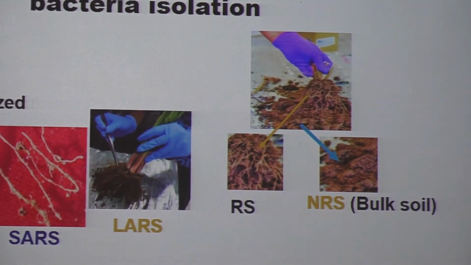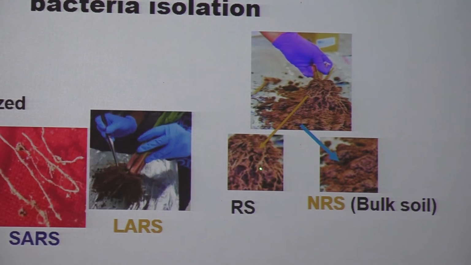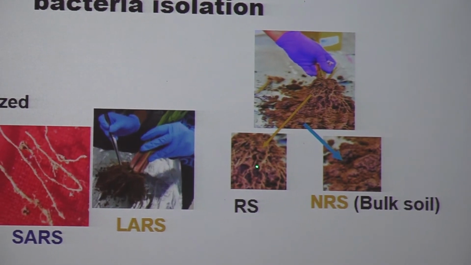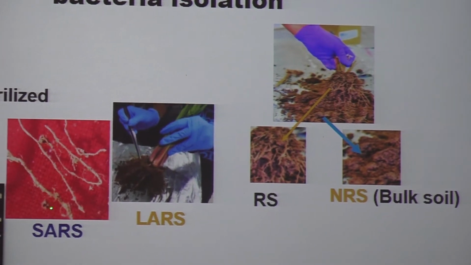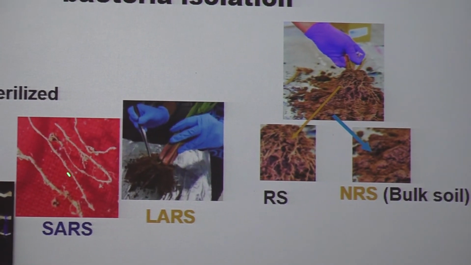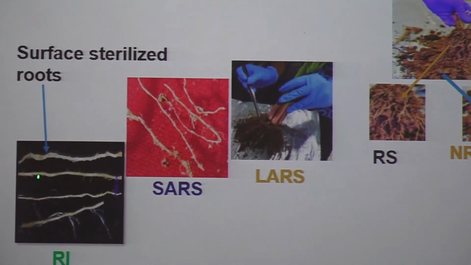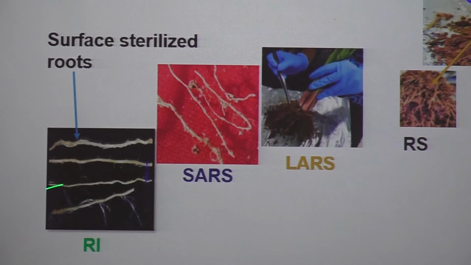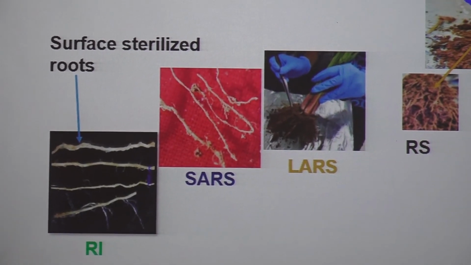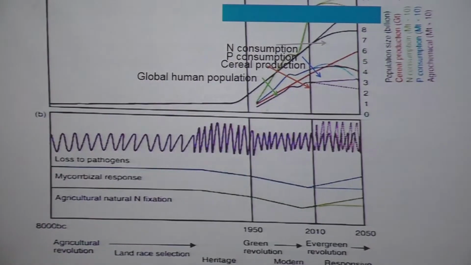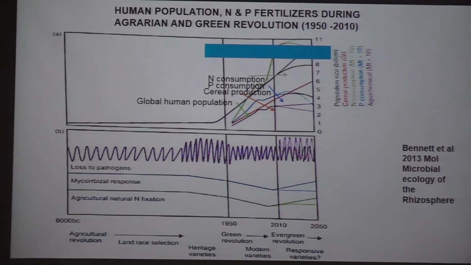There is no influence of the root. The other one is the soil adhering there. These are the rhizosphere soil. Even if you give a very strong jerk, some loosely adhered soil comes out, and some soil is difficult to remove. So we call them very strongly adhered soil. Remove them, surface sterilize the roots, and then you'll find bacteria inside also. So that way, 4 types of bacteria can be delineated and isolated.